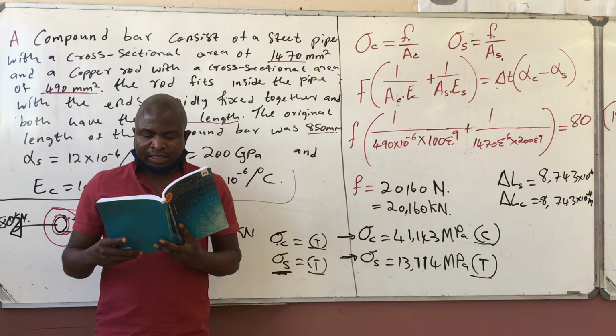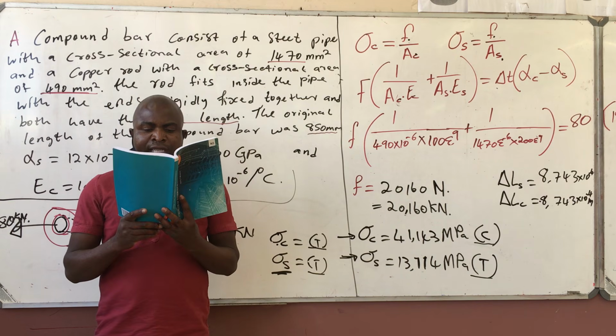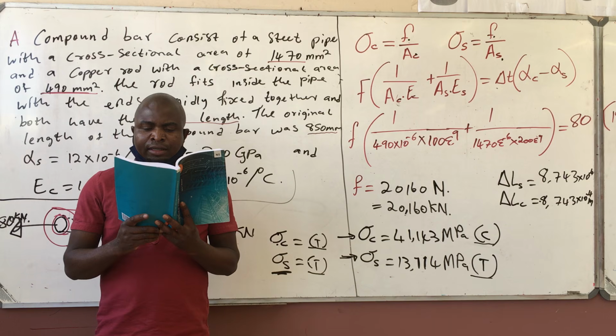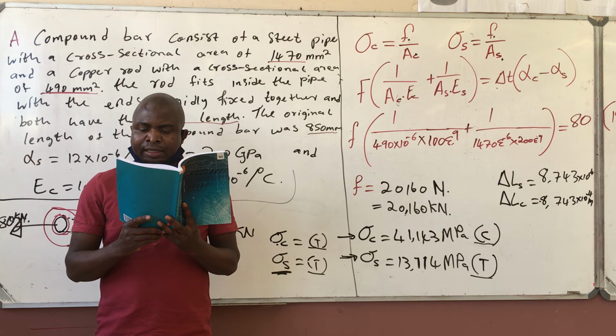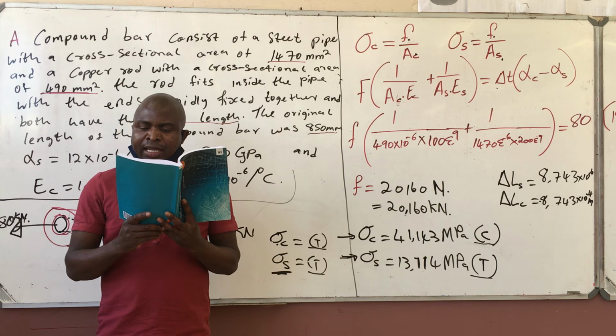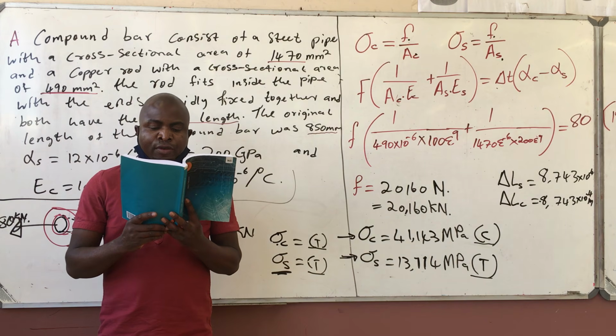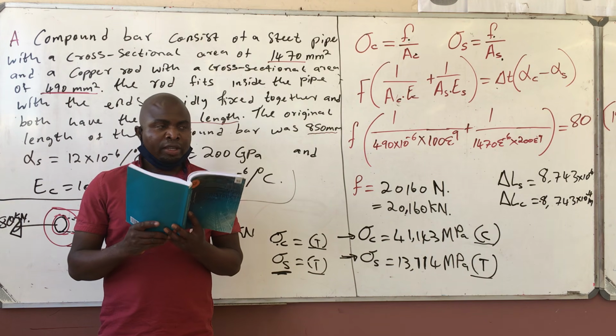Number 6, page 93. It says a rigidly parallel connected compound bar consists of a steel strip 300 square millimeters in cross-sectional area and a copper strip with a cross-sectional area of 400 millimeters square.